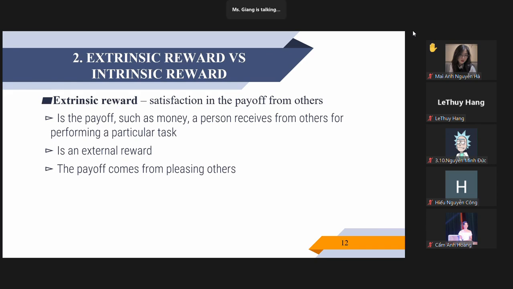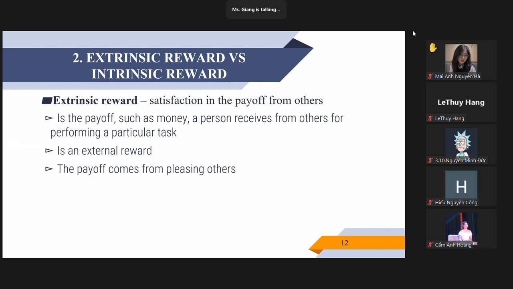For example, if you get a high mark, you will receive the scholarship. From whom? From our university or from your parents, etc. So it is extrinsic reward because you receive it from other people. It is the external reward, and it is the payoff that comes from pleasing others.